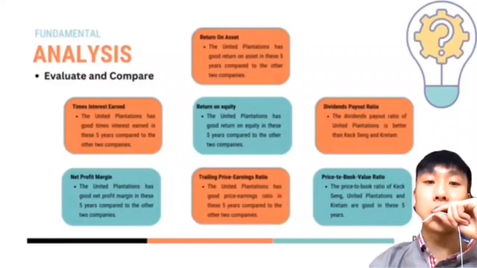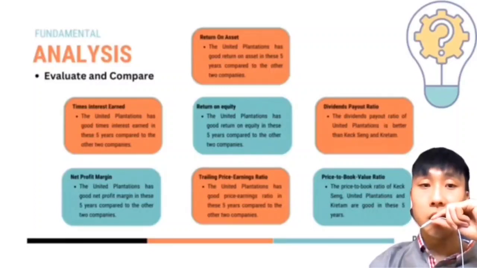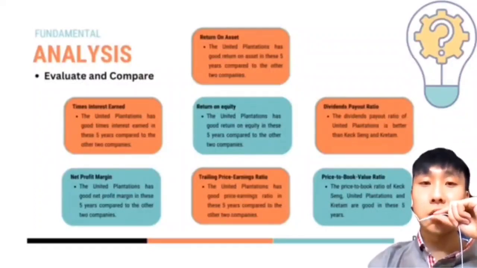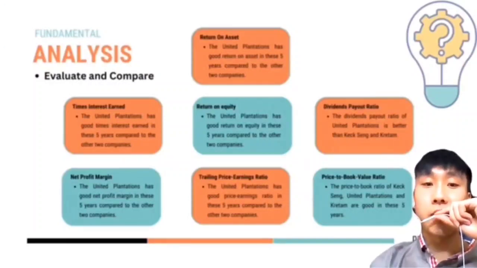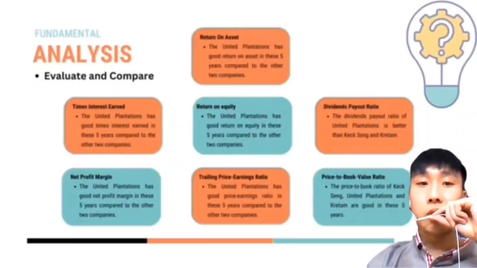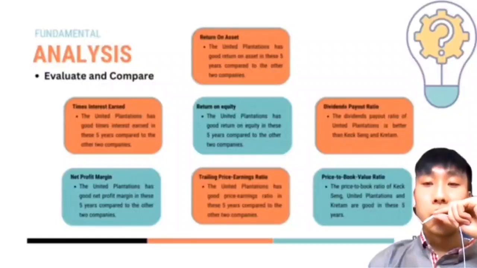For the net profit margin, United Plantation is good compared to Bwfn and Kretam. For the return on assets, United Plantation is good compared to Bwfn and Kretam. For return on equity, United Plantation is good compared to Bwfn and Kretam.